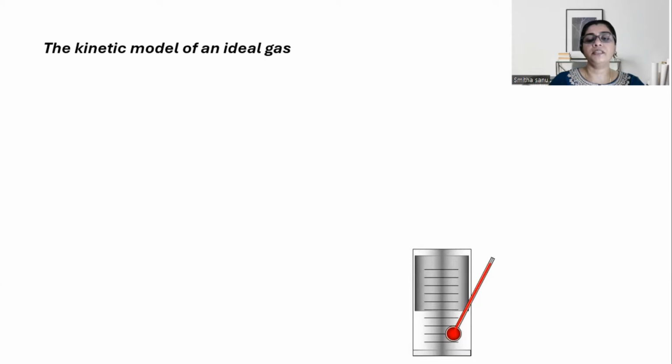So this literally means that when you do work on a given system, that work is associated with change in the kinetic energy of the gas molecules, because when you press in this syringe piston, there is less room for the gas molecules to move around, which reduces the volume and increases the pressure. Pressure increases means the kinetic energy associated with the gas molecules increases, and that results in a rise in temperature.